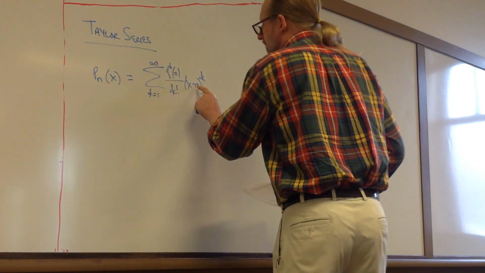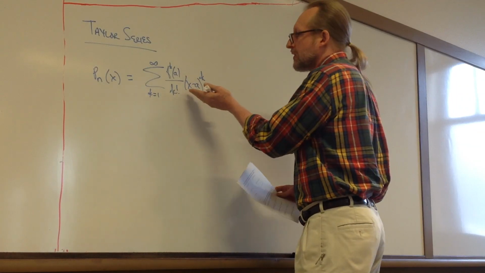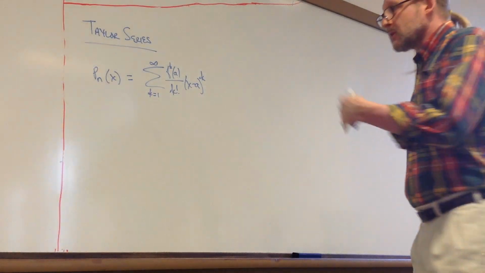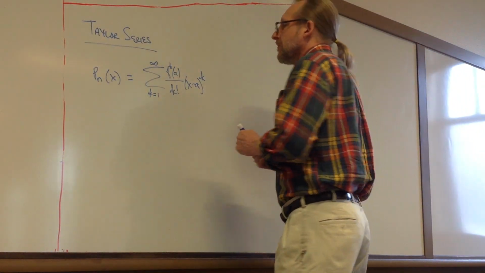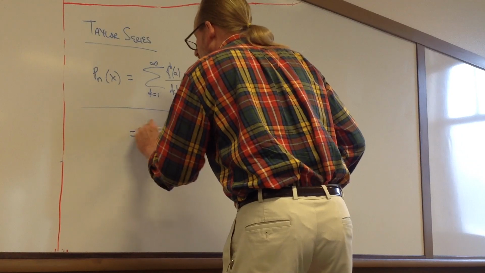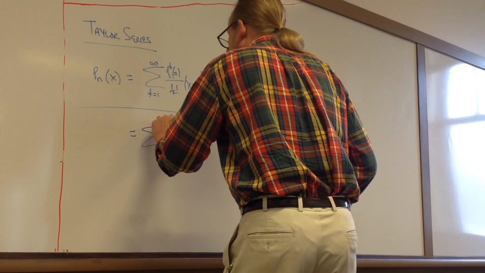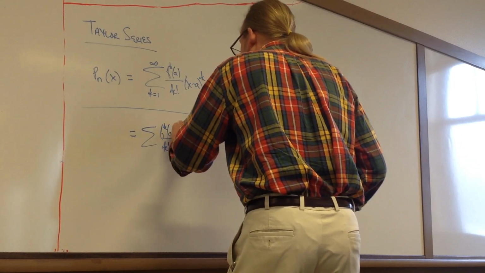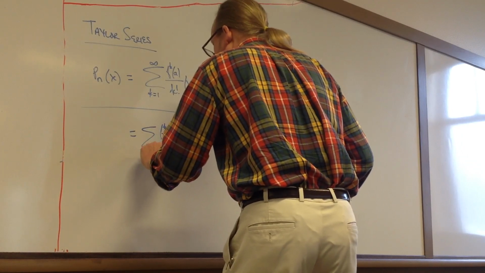So in this formula, we're going to have x minus 0, or just basically x to the k power. And that actually has a particular name. It's called a Maclaurin series. But we'll talk about that on a different handout. And so this would just be x to the k power.